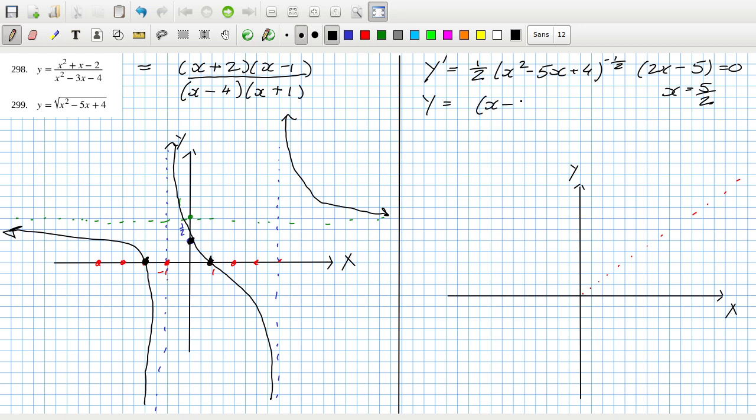Root of (x minus 4)(x minus 1). So a root at 1 and 4.